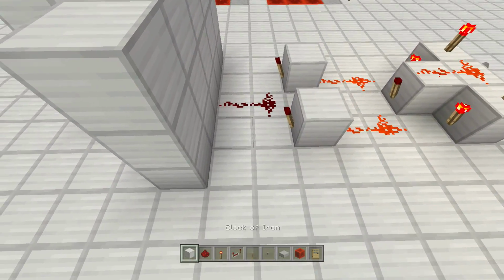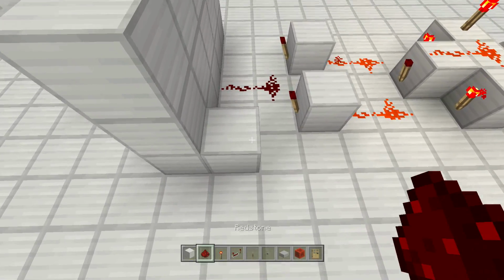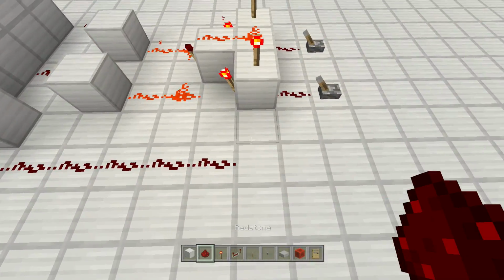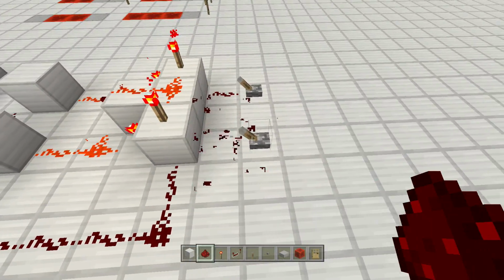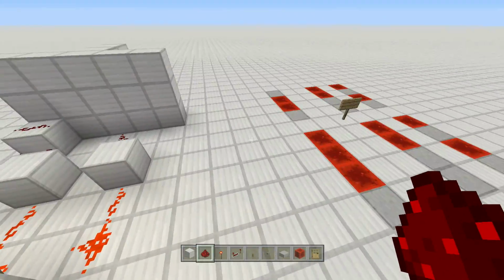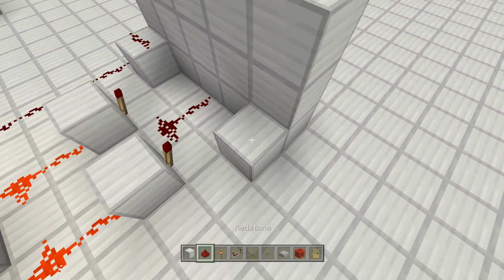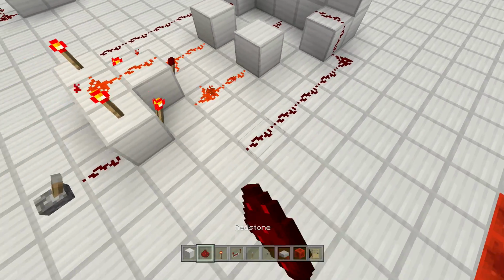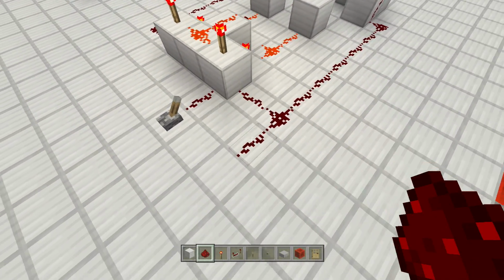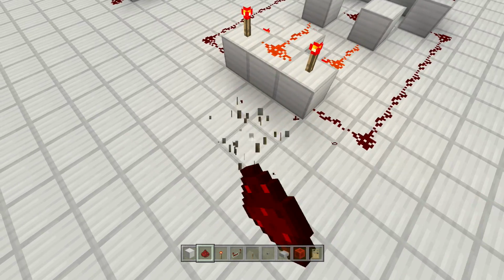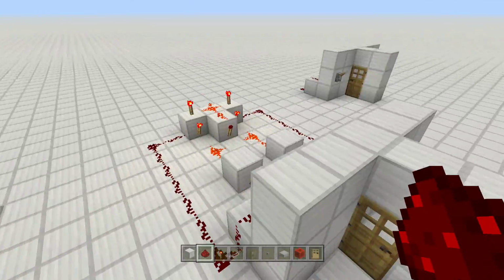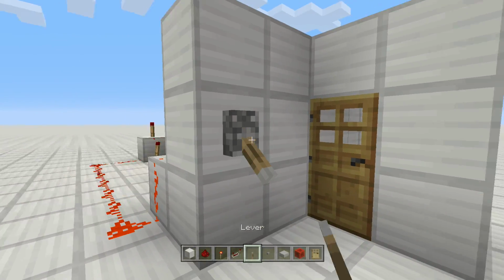Just put a lever here, connect it to the output right in there, remove this guy. The next one, lever right here, so take the input, and take off this one. And now I have a perfectly working door.